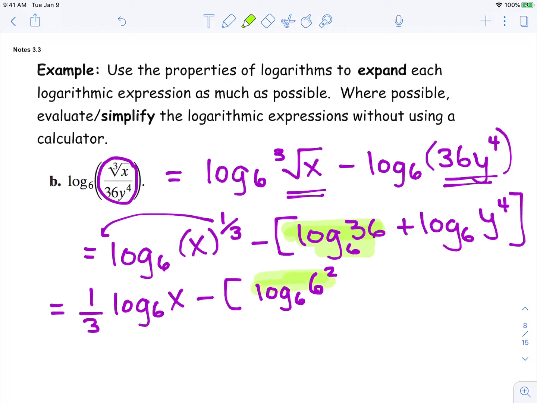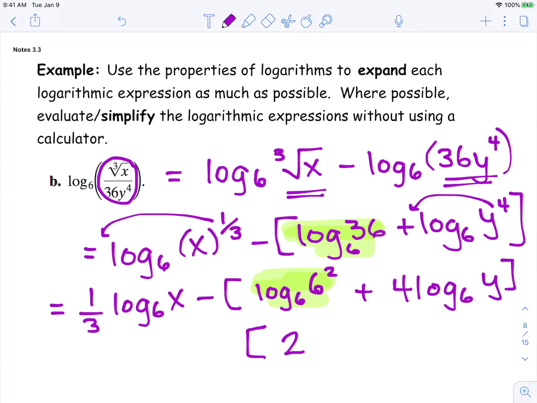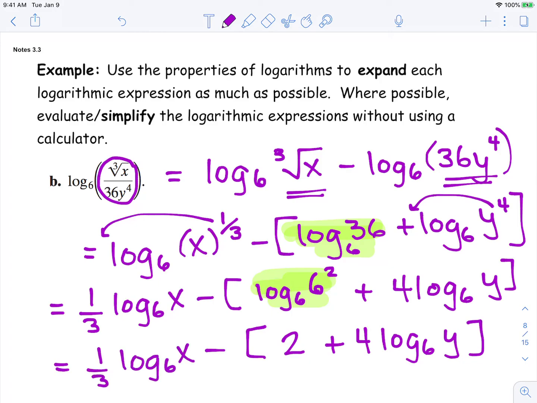So these two are inverses of each other. So they're going to become 2. Now I can bring that 4 down in front. And then out in front here is still our 1/3 log base 6 x.